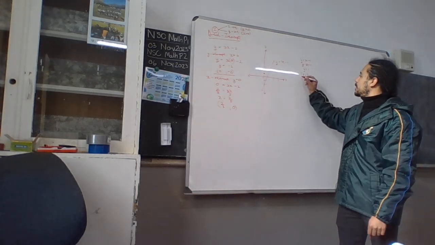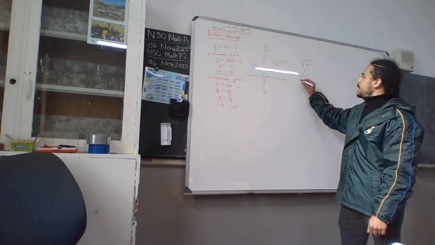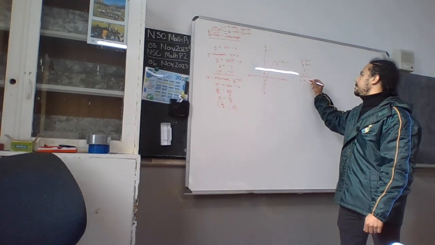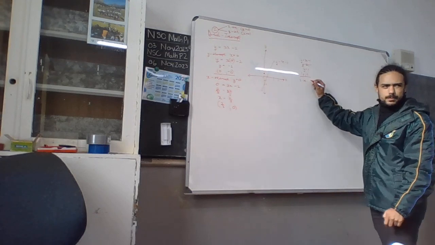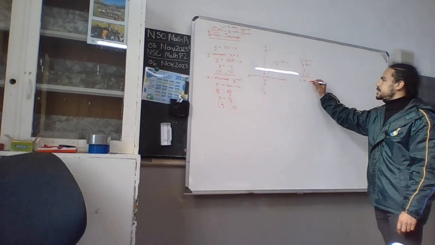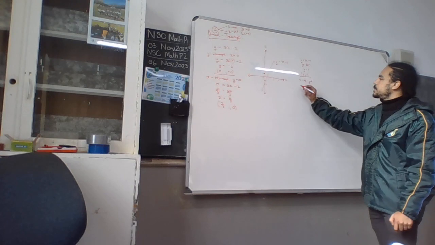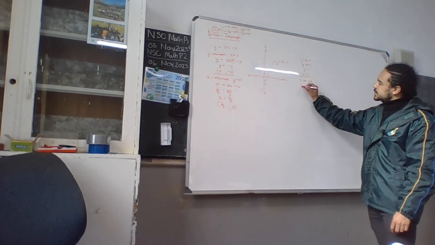Now I'm going to go and determine my x-intercept. How do I determine my x-intercept again? y is equal to 0. Right, so I'm going to use still the same equation.